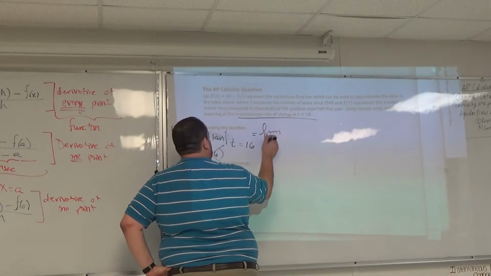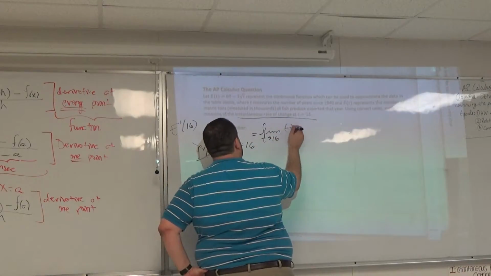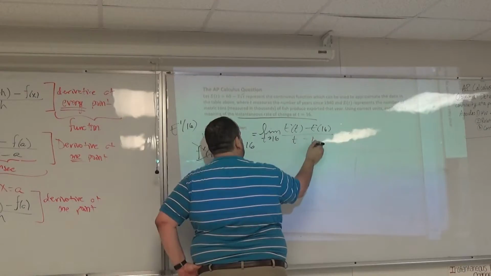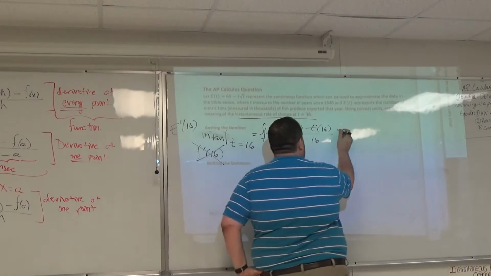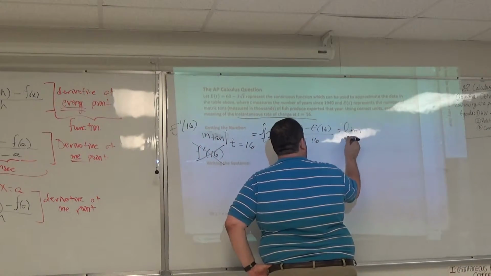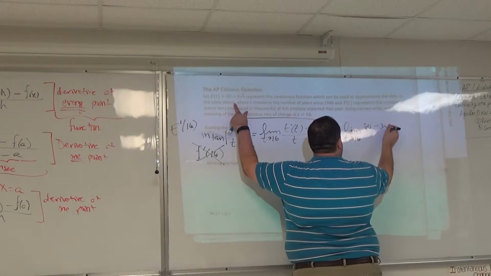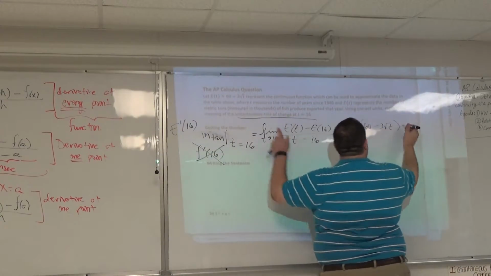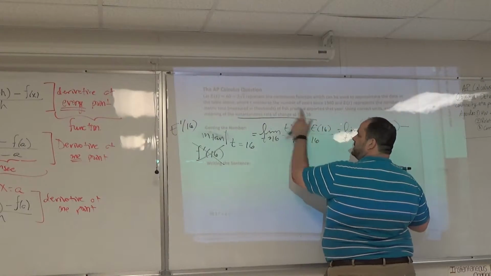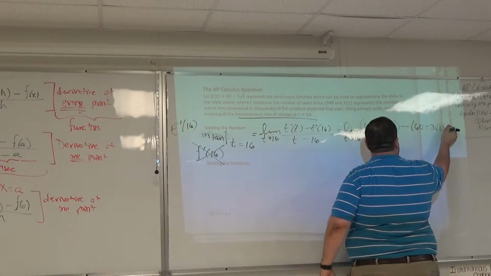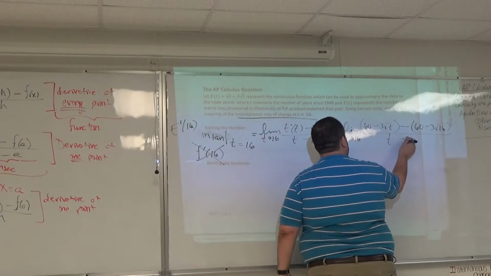You want the limit as t approaches 16 of E of t minus E of 16 over t minus 16. E of 16, parentheses, need those parentheses.